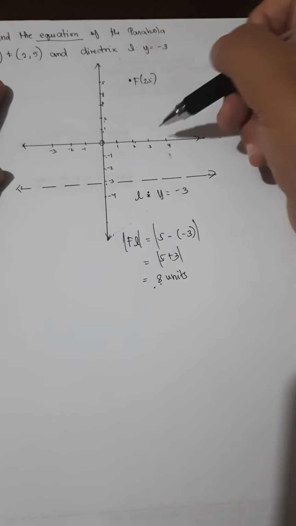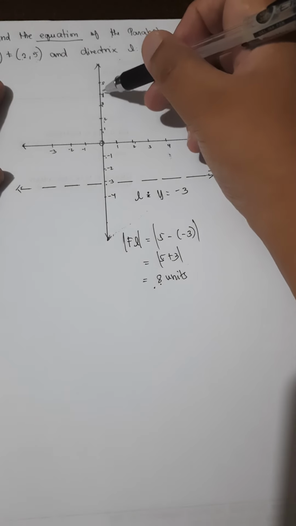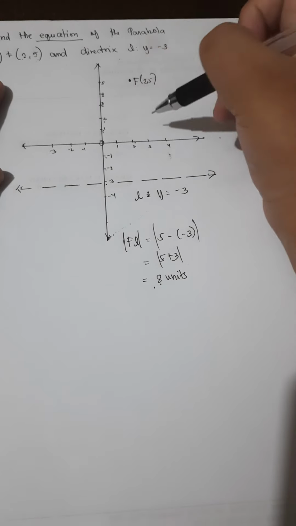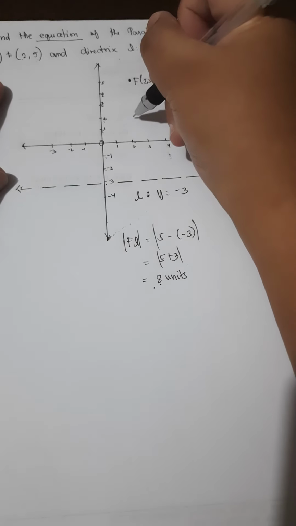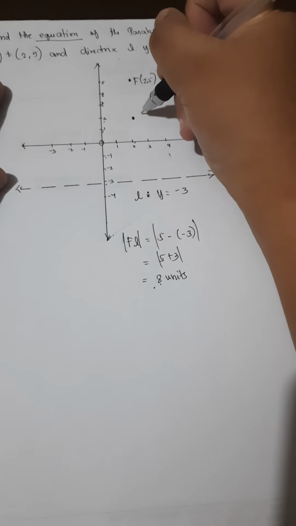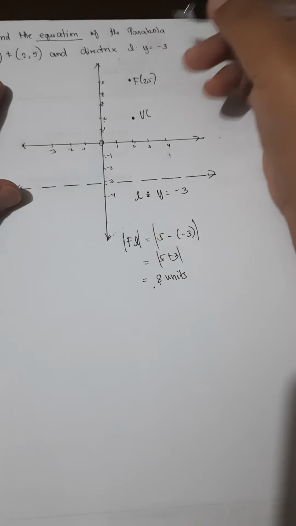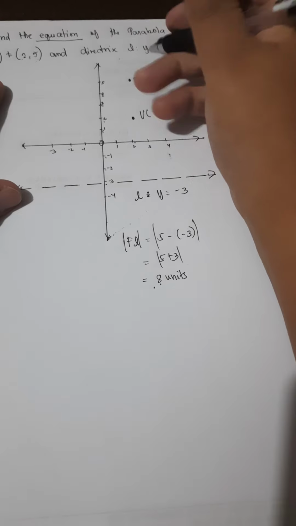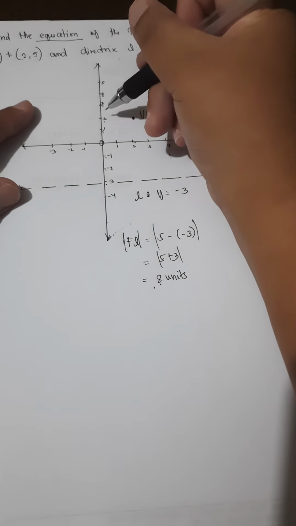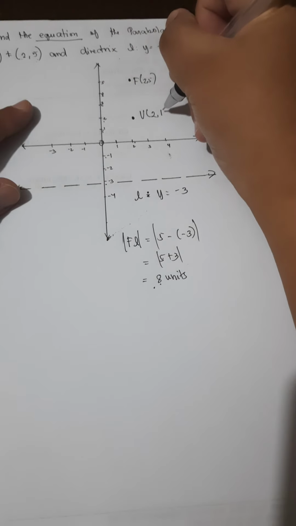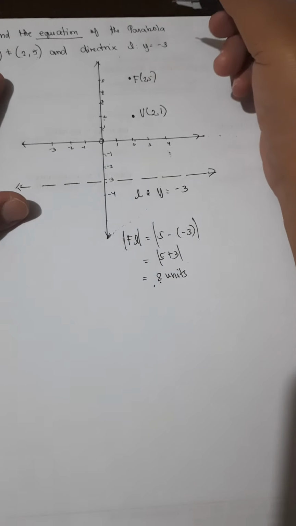Okay, so taking the half, you just count 4 units, 1, 2, 3, and 4. So, ang vertex nyo dapat nandun siya, naka-inline dapat siya sa focus. So, this is your vertex. So, yung x ng ating vertex is 2 at yung y niya is 1. So, that is now your vertex.